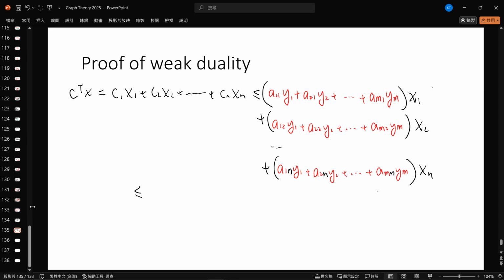What we do next is to rearrange these terms so that we can put together all the terms related to y1 and then put together all the terms related to y2 and so on.